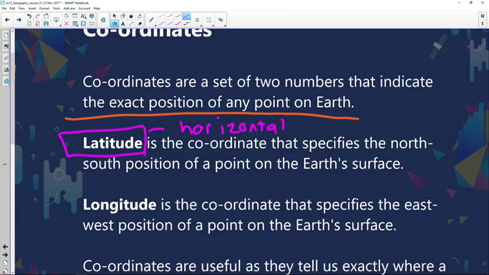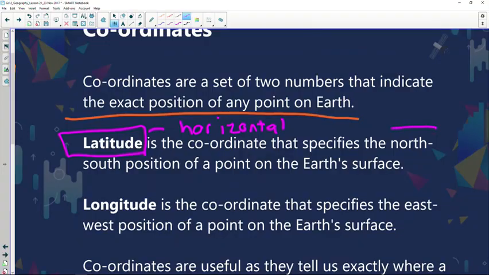Many of you get confused between latitude and longitude. Keep in mind, horizontal lines are these lines. If you struggle to remember horizontal and vertical, think of where the sun comes up: on the horizon.